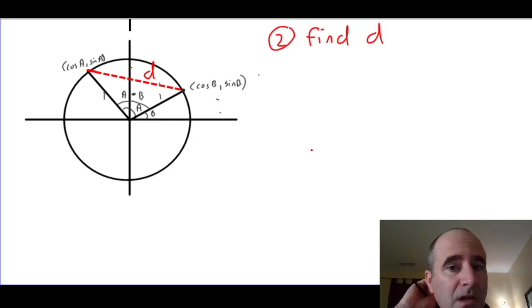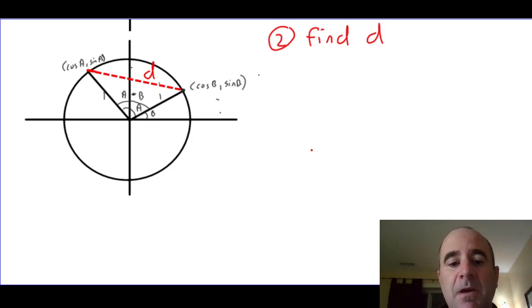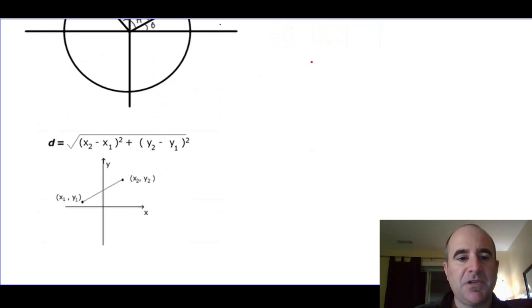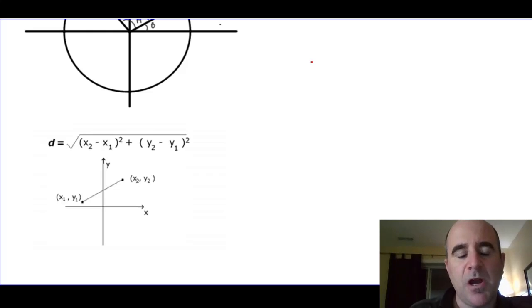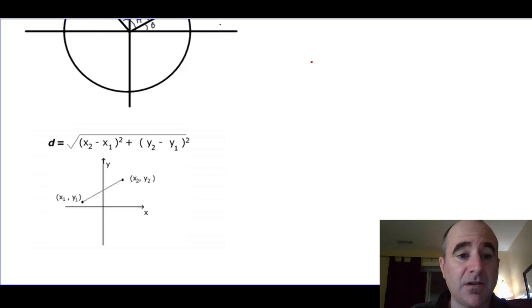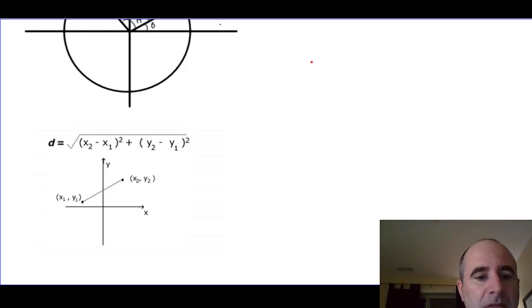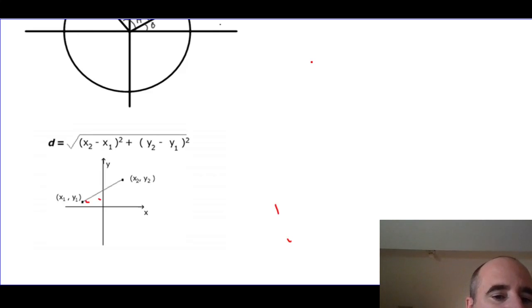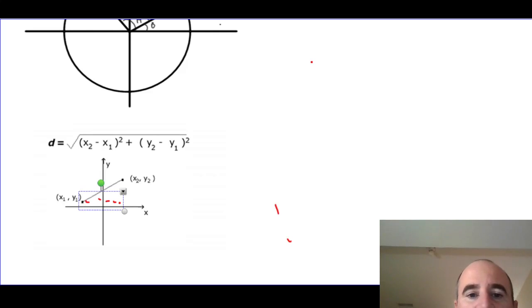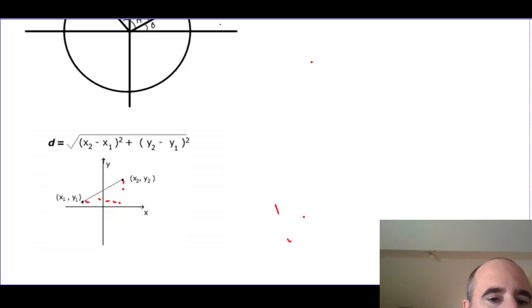So when you're working with analytical algebra, if you remember learning about the distance between 2 points on the Cartesian plane, there's a formula for that. So here's that formula I'm talking about. The distance between a point x1, y1 and a point x2, y2 on the Cartesian plane is given by this formula right here. And it's just because of the Pythagorean theorem. A line segment here is the hypotenuse of a right angle triangle created by the rise and the run.